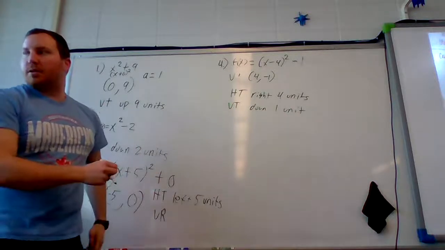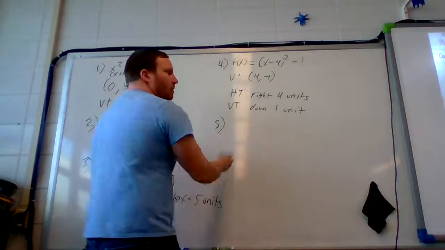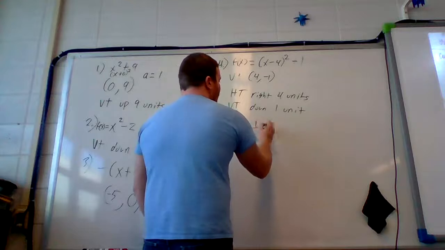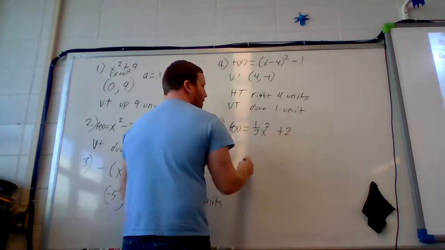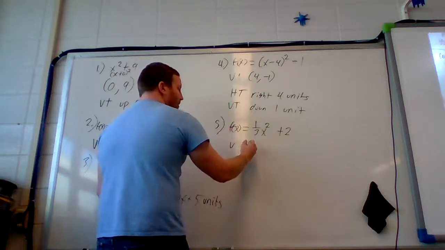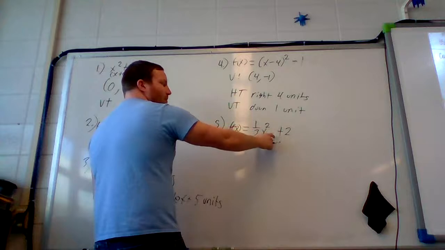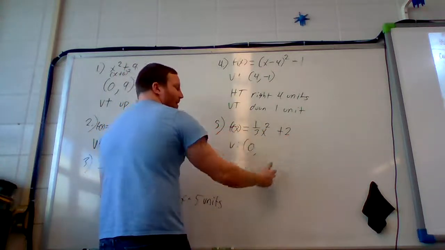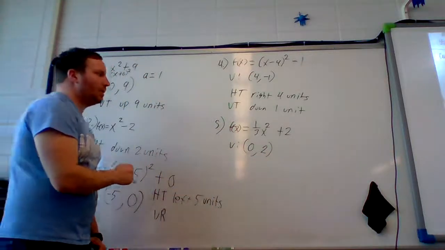Let's look at number 5. We have f of x equals 1/3 x squared plus 2. So our vertex, again, we do not have anything in the parentheses. We do not have that h value, so that's a 0. But we do have that plus k value, which is 2. So our vertex is at (0, 2).